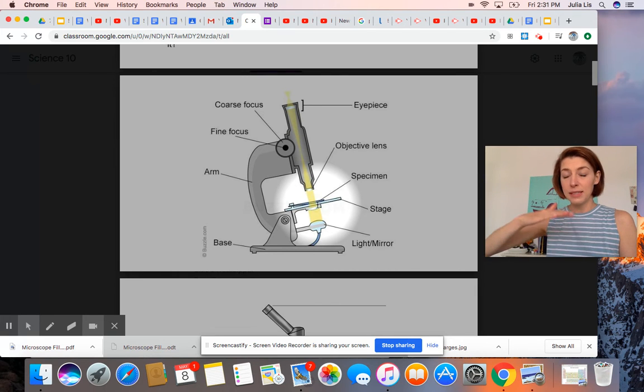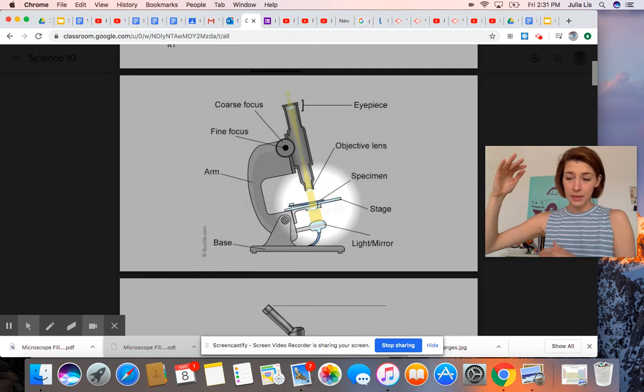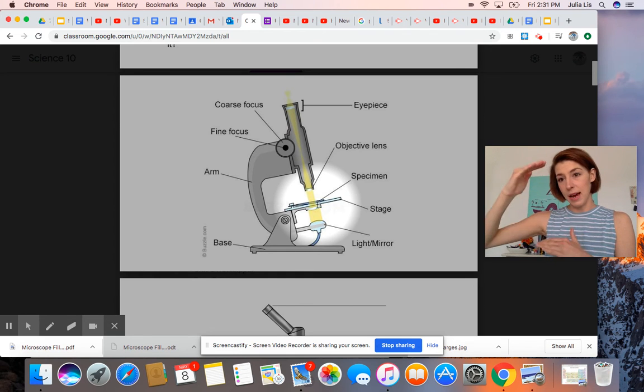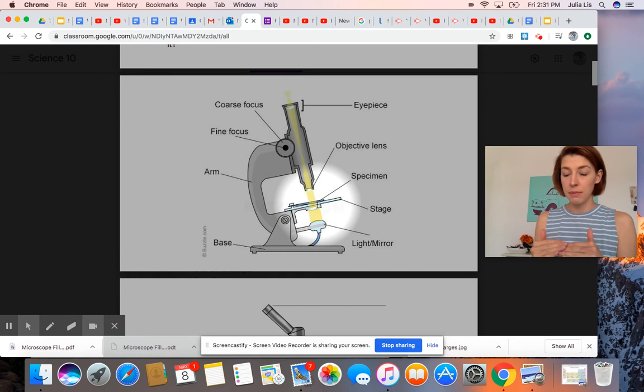And I've done this myself. I've grabbed a really old microscope from a shelf and the top half is actually completely separated from the bottom. Because there are gears that help move it up and down and kind of change where the stage is going to be. So it's always good practice just to make sure you're holding it at the base and supporting it with the arm.